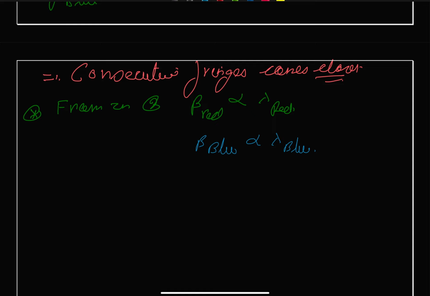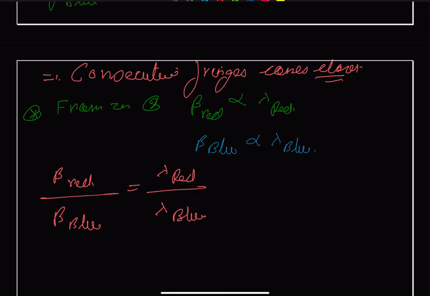So if we take the ratio, we can say our beta for red upon beta for blue will be equal to lambda for red and lambda for blue. So from here we can write that beta for red will be greater than beta for blue. So it means as we shift from red to blue, the fringe width decreases.